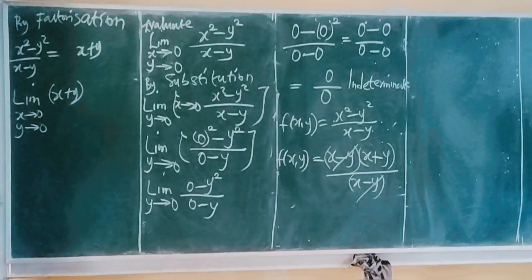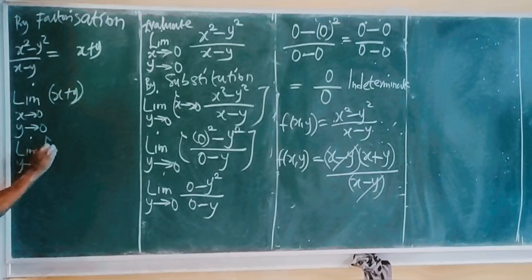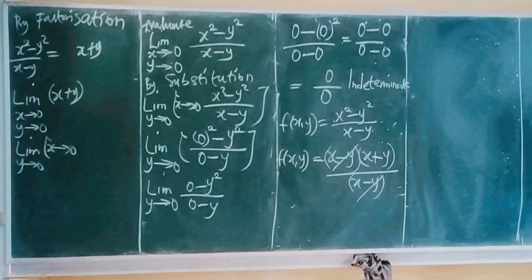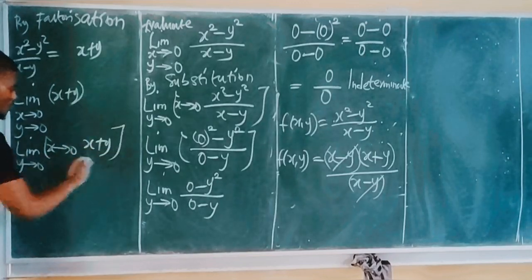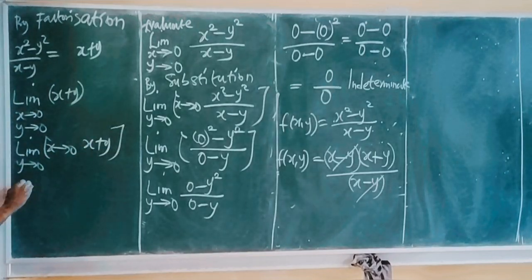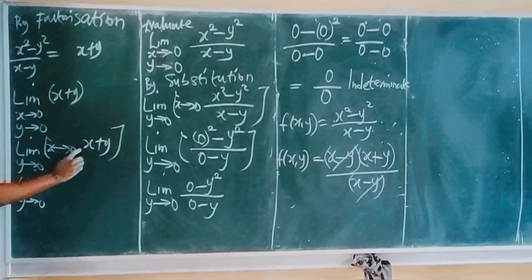I'll try the first case when x is 0. That gives me the limit as y tends to 0, putting the value of x as 0, we are testing for x now, x tending to 0 of the function x plus y. In place of x, I put 0.